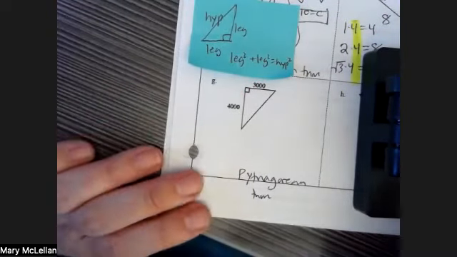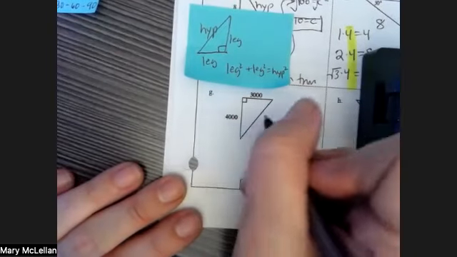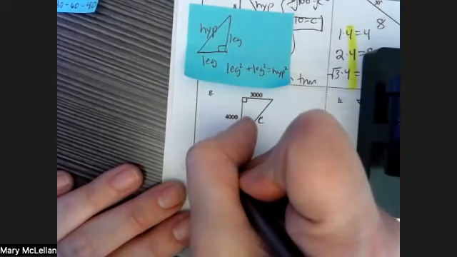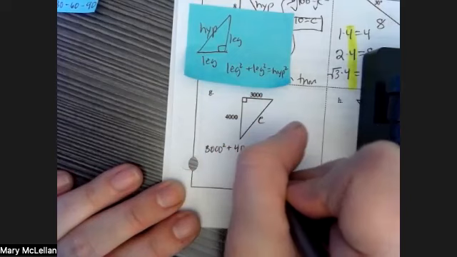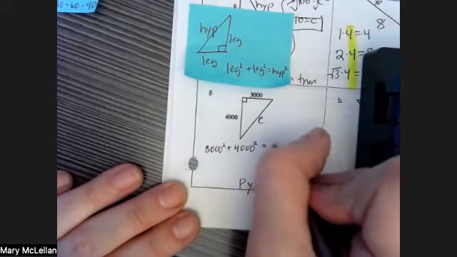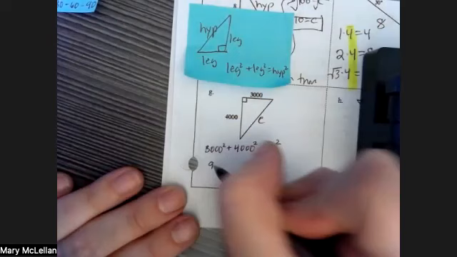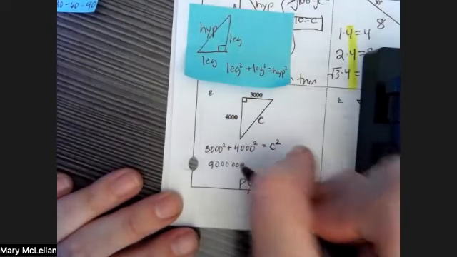Now we have this one. Again, I'm solving for the hypotenuse. I have leg squared plus leg squared equals hypotenuse squared. 3,000 squared plus 4,000 squared equals c squared. Gross. Okay, this is 9 and 1, 2, 3, 4, 5, 6 zeros.